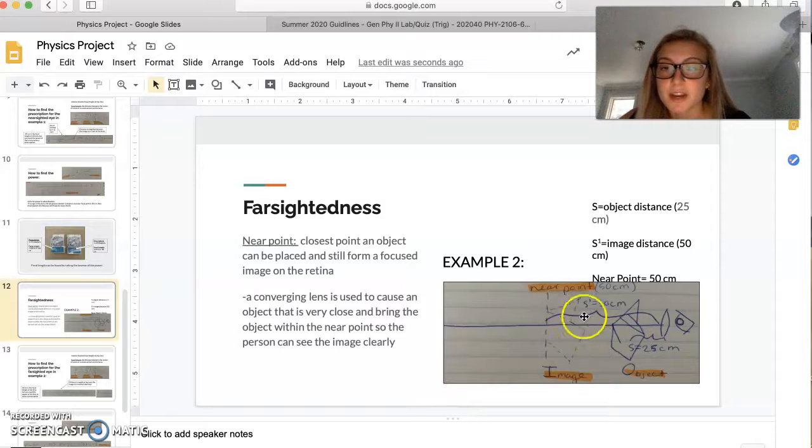So here we have the near point. Here's the object. The object is 25 centimeters from the eye, which is too close for the eye to focus. So when they wear this lens, then it changes the object to appear right here, and then they're able to see it clearly.